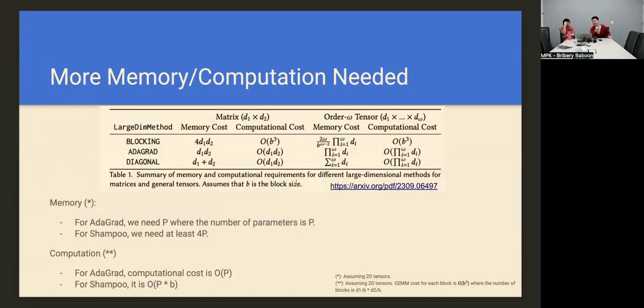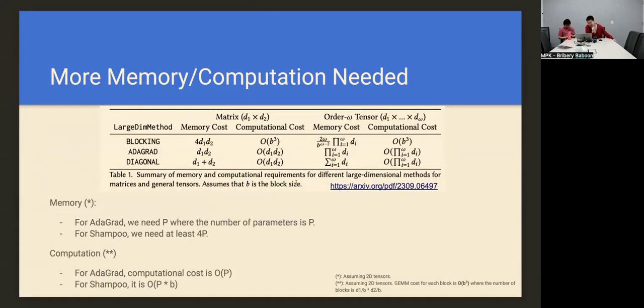There is a very detailed discussion regarding how to calculate those, but for memory, if it's Adagrad or Adam, we use P for the parameter size, where P is the number of elements. For Shampoo, we need at least 4P plus a little bit more to store some additional stuff.